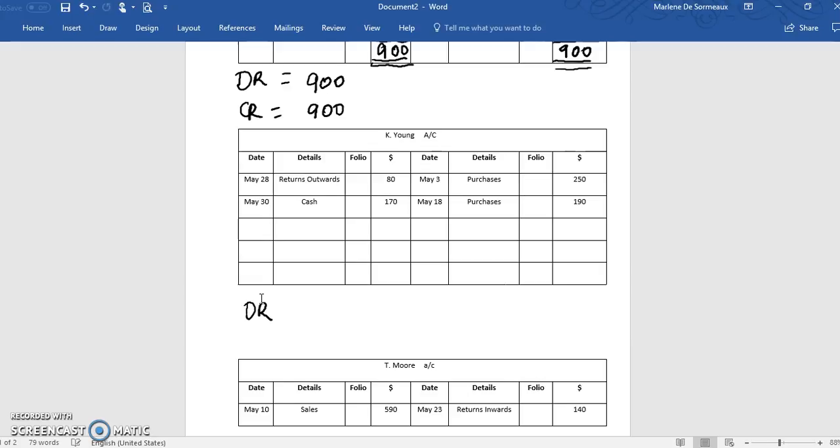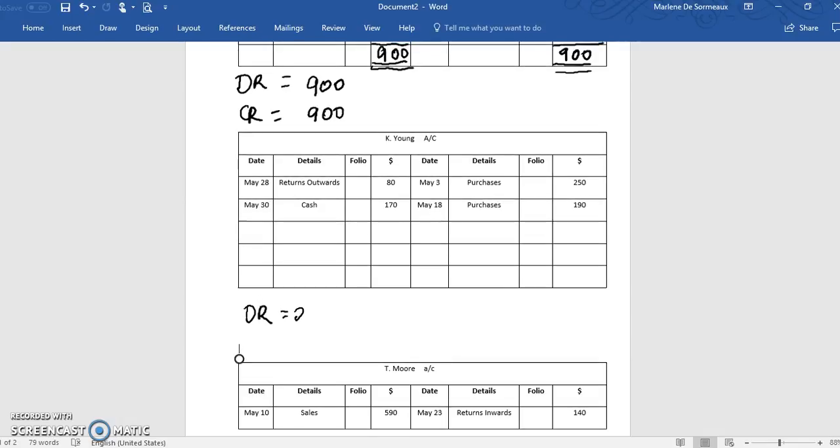So for K Young, the debit side is equal to $250. And on the credit side, you will get the values equal to $250 plus $190, $440. Right? So we establish from that the credit side is the larger side and the debit side is the smaller side.